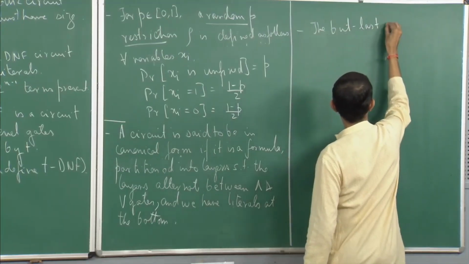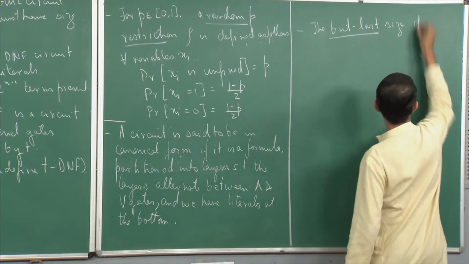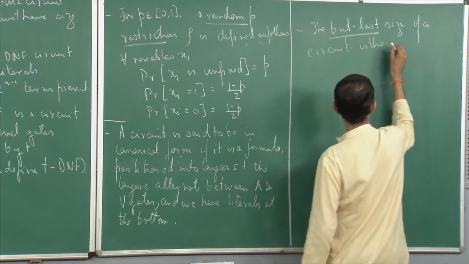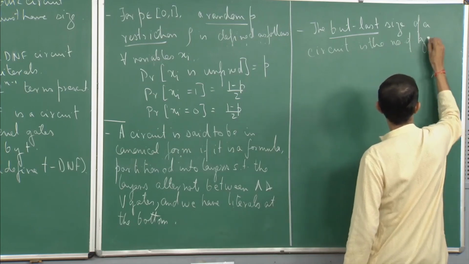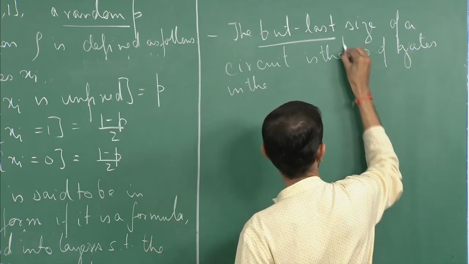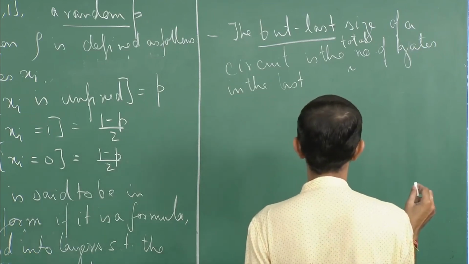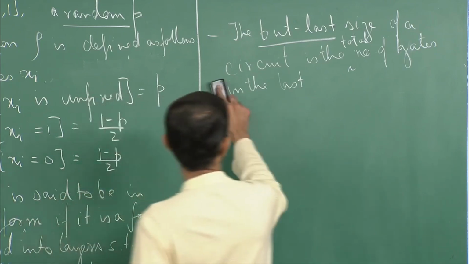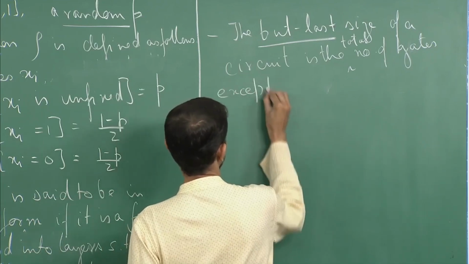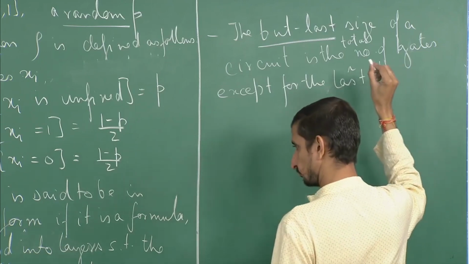We will call the bottom-last size of a circuit the total number of gates in the circuit except for the last layer.